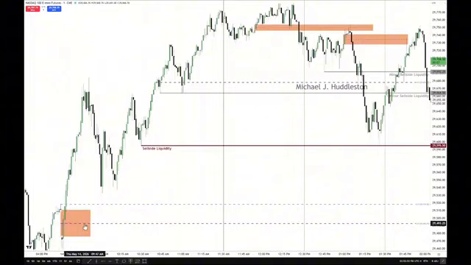I'm holding my thumb tip out and measuring to get a rough idea how tall that is. Then I move it up above, to where the low of my thumb is resting right here. So now I know from here to here is one standard deviation.